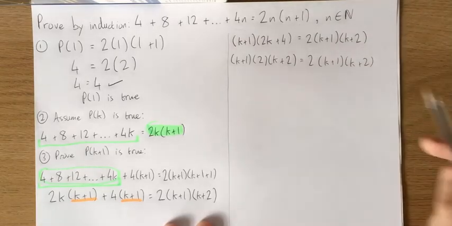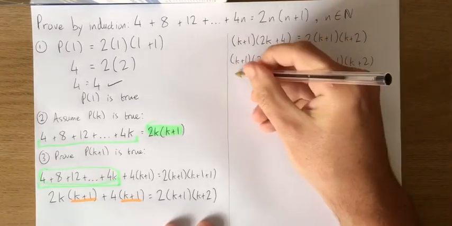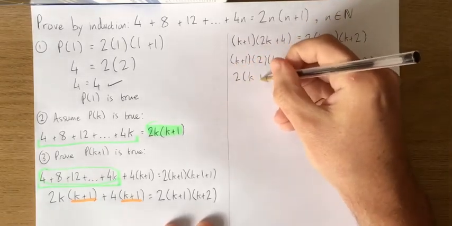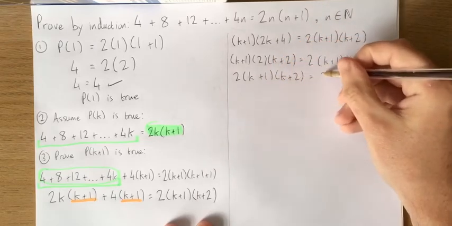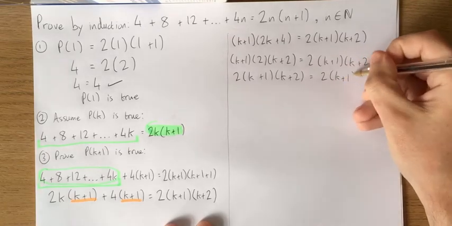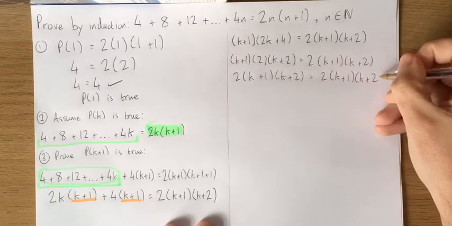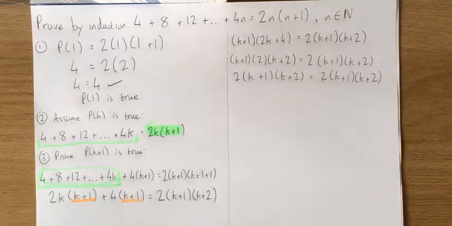And now you see both sides are equal. I'll just move the 2 out in front so they look exactly the same. Okay, so left hand side equals right hand side, so it's proved.